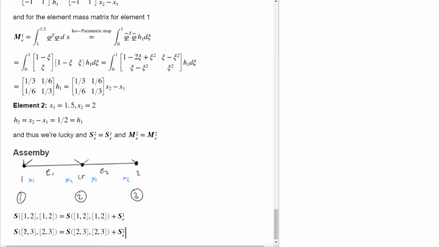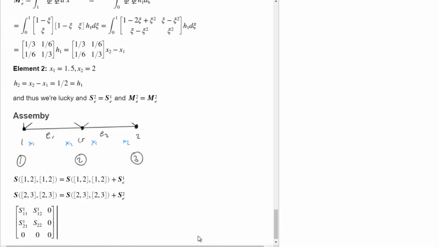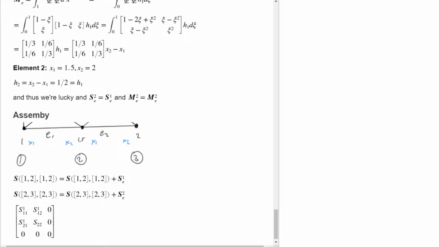So for the next one here, 2, 3, we will see an overlap here at 2, 2. And that is going to be handled. Now let's take a look at that. So we have our first element placed into this stiffness matrix here at the positions 1, 2, and 1, 2.